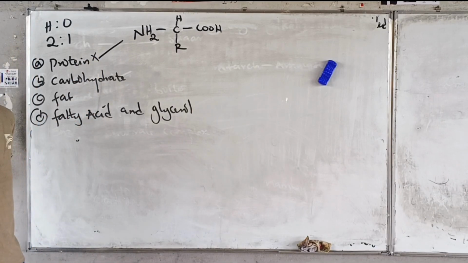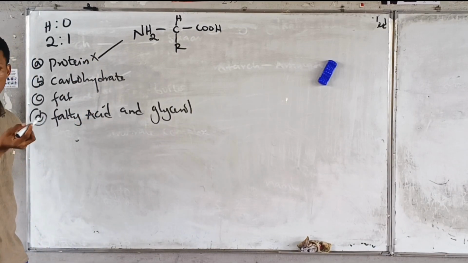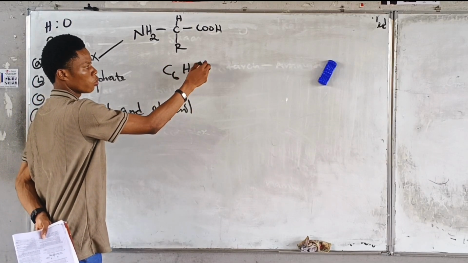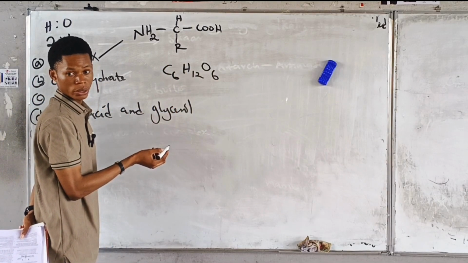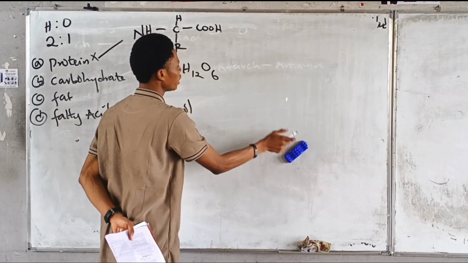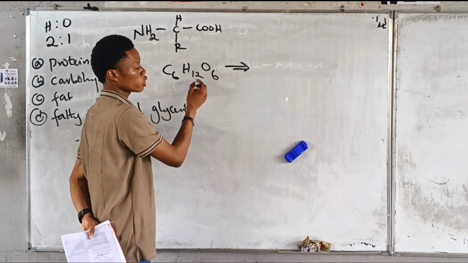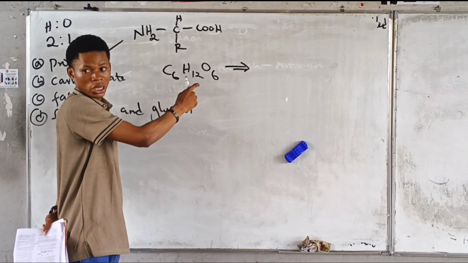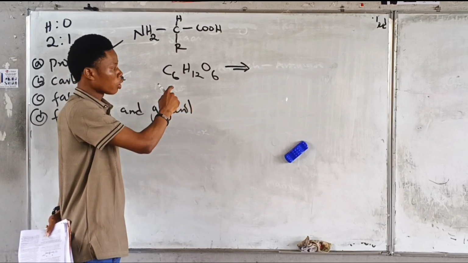Carbohydrate, give me one example of carbohydrates. Glucose, right? What's the formula for glucose? C6H12O6. This is the molecular formula, right? From the molecular formula, if you want to get the empirical formula, we just divide by the highest number that can divide all, right? 6 can go into everything here.